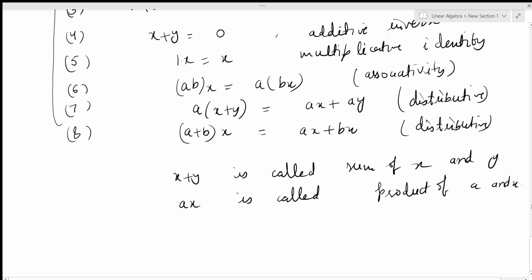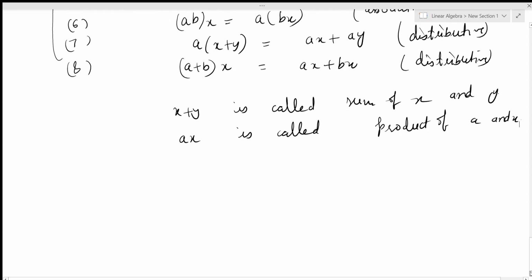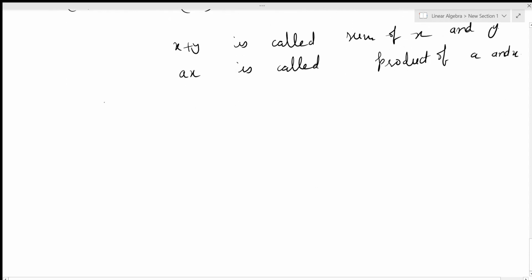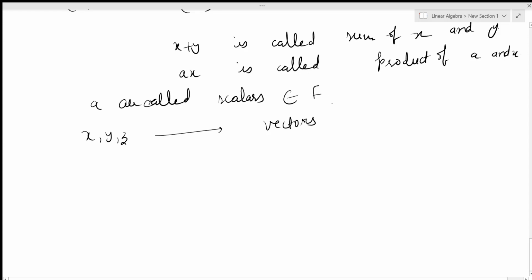As you know, the a's are called scalars, and x, y, z are called vectors. These belong to F and these belong to V.